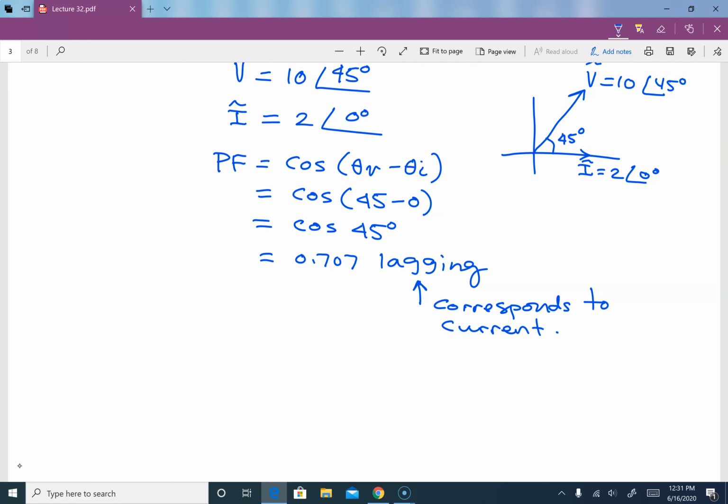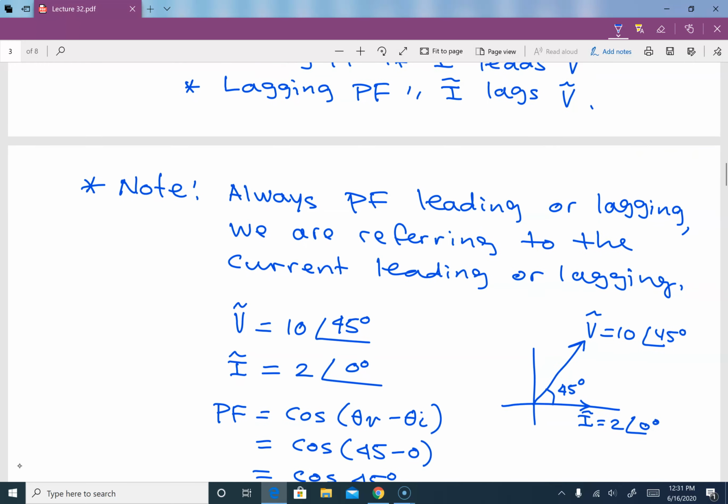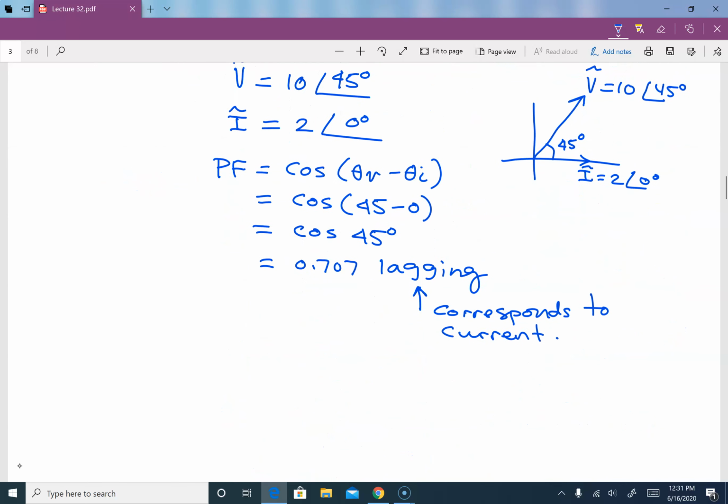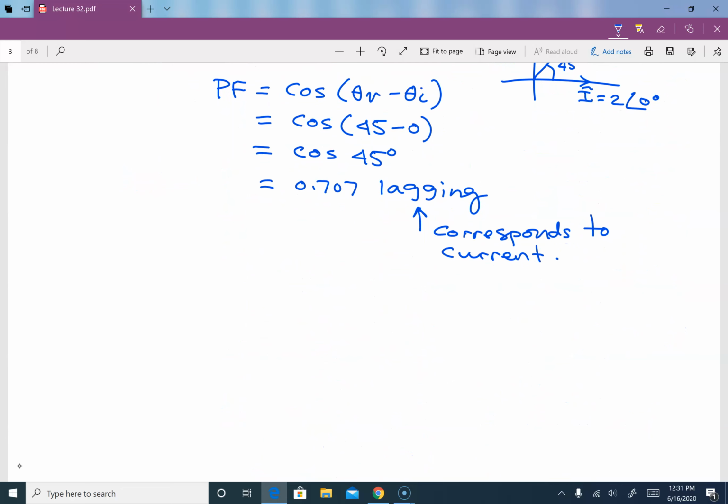So now we have our power factor, our average power, our apparent power known. Now we have what we call the reactive power.